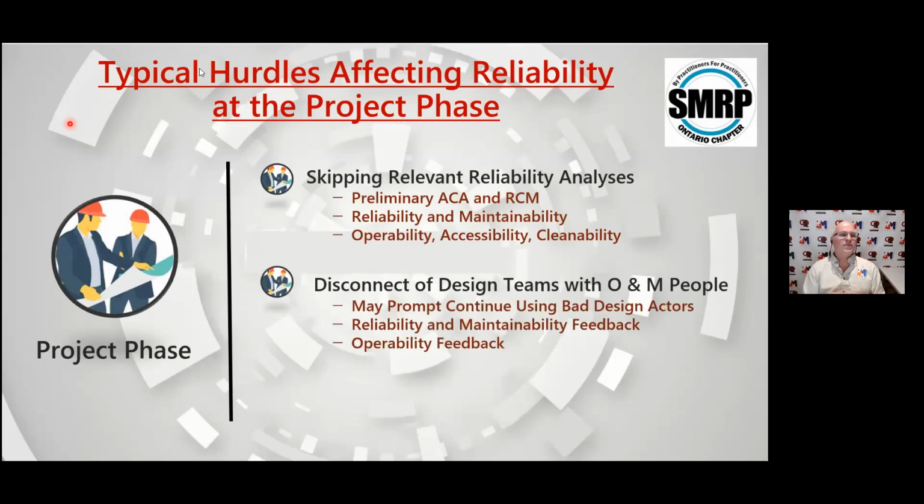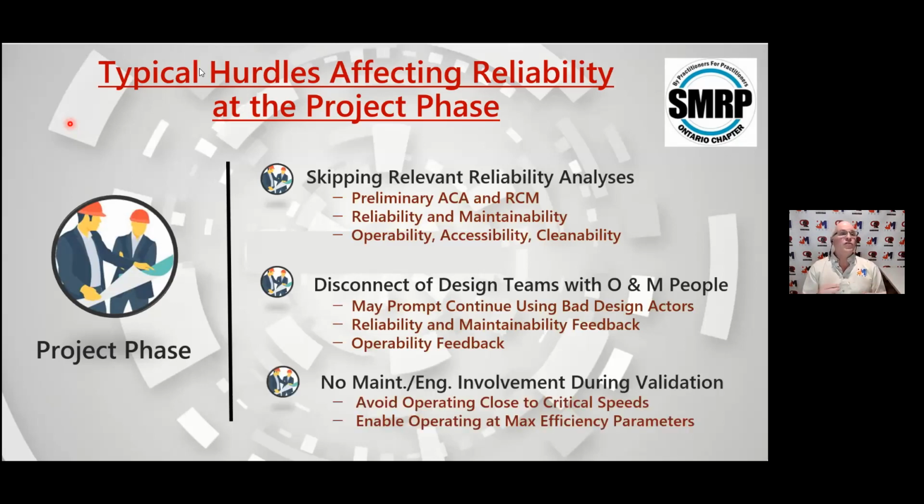Also, we perceive many times a disconnect between the design teams and the operation and maintenance people. There is a lot of feedback that these people, who work day in and day out with the assets, can give you just for improving your asset reliability from the start. This is something that we see very often.